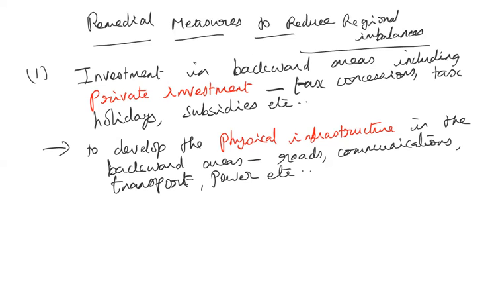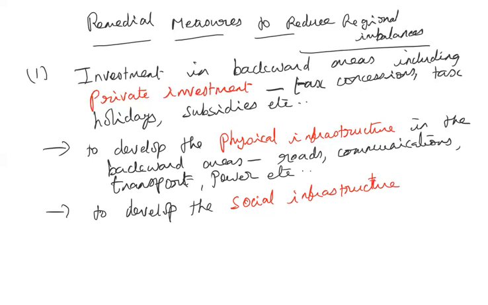And then next, it is not enough if investment is directed only to the development of physical infrastructure. Next, it should also be directed towards the development of social infrastructure. Another major area in which the backward areas are lagging behind is social infrastructure, that is, education and health.